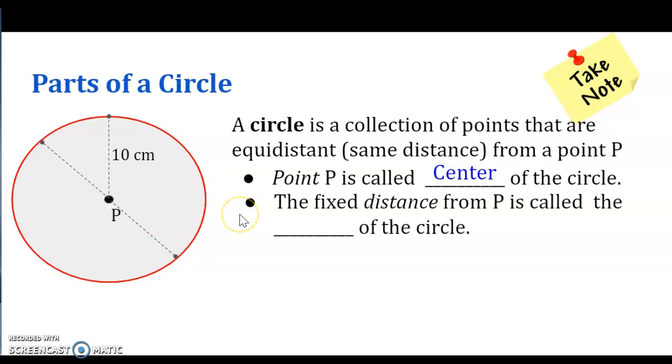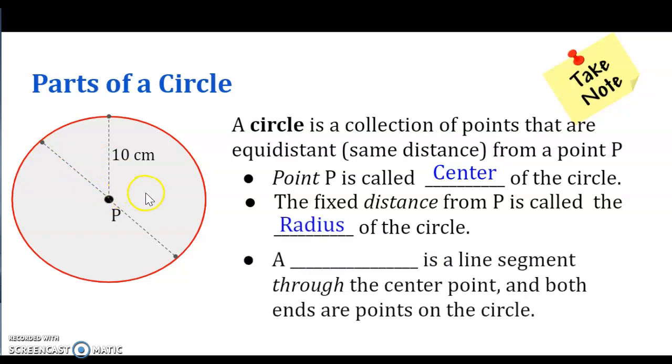The fixed distance from point P to the circle, this distance, or this distance, or this distance, is called the radius. And the line segment through the center point that ends in 2 points on the circle, a straight line that ends in the circle and goes through the center, is called a diameter.